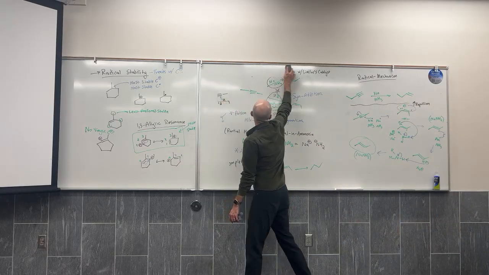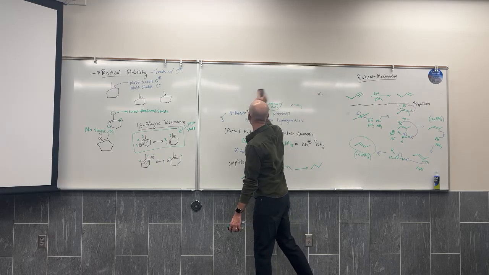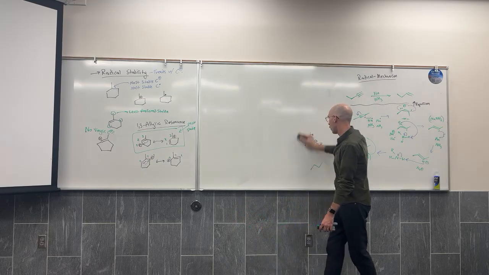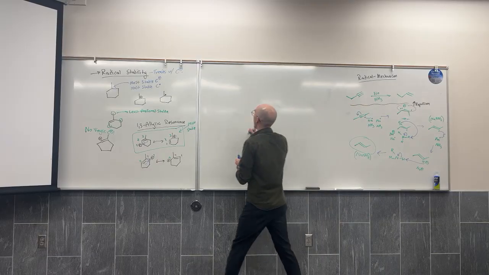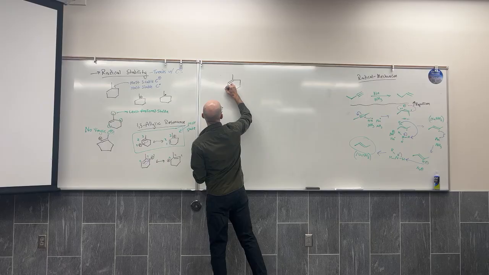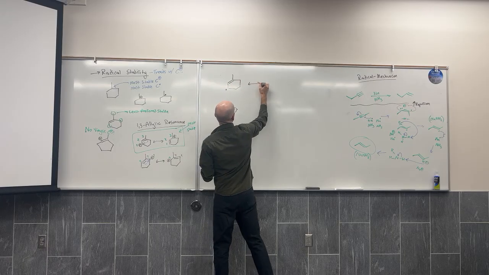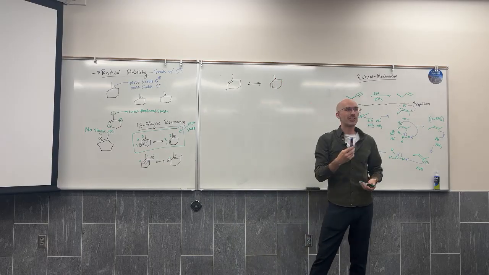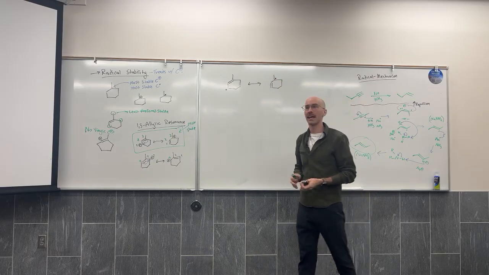What this looks like now in the context of the radical is that, once again, we will form the most substituted and most stable carbon radical, and that radical will be found to be in resonance. What changes is the electron arrow pushing.